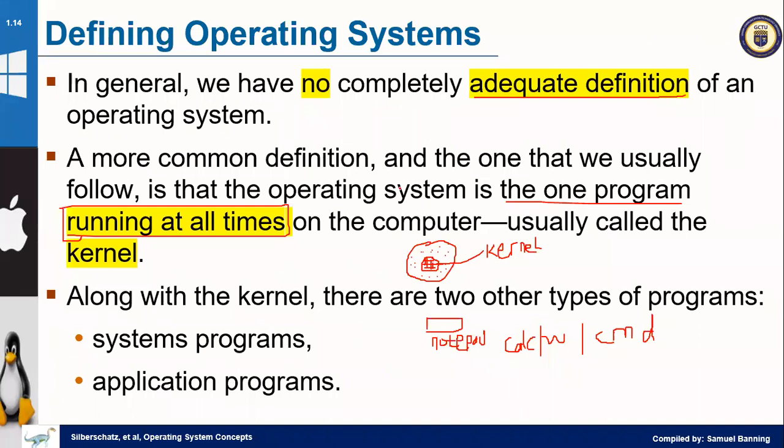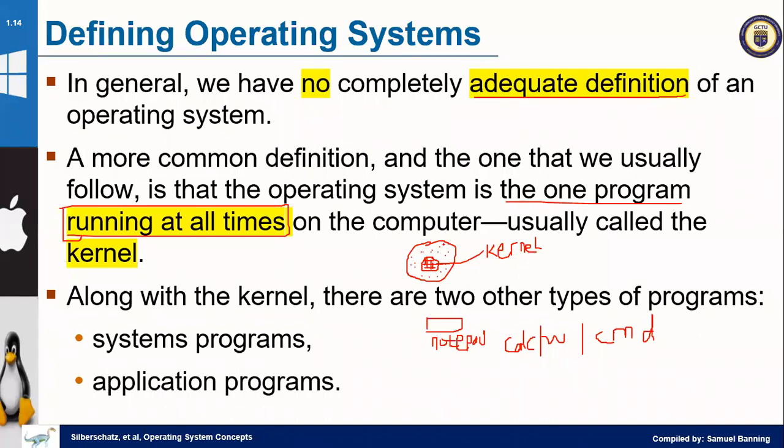All right, thank you. So we have this command prompt that comes with the operating system. These are called system programs. They cannot do without the kernel, but the kernel can do without these programs.